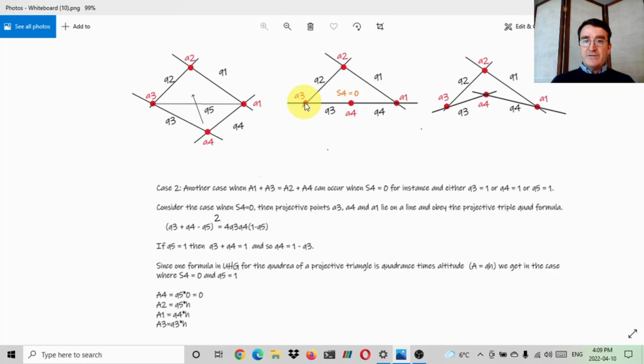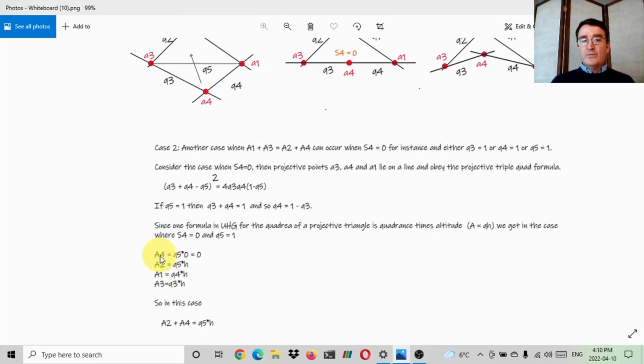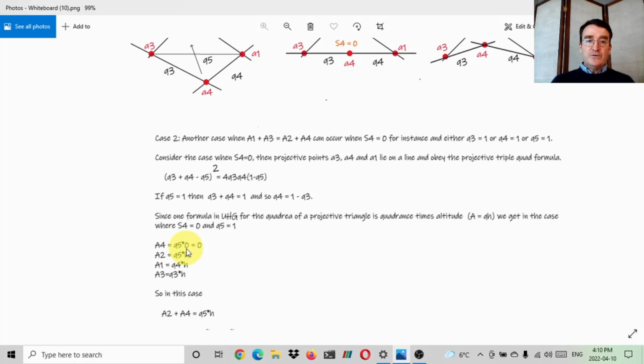So we find that A2 plus A4 is equal to A1 plus A3 when S4 equals 0 and Q5 is equal to 1.